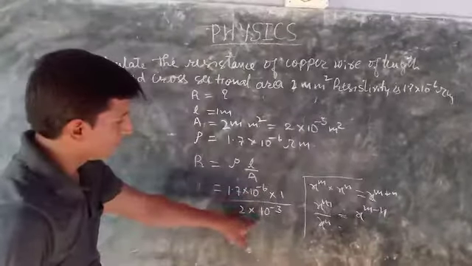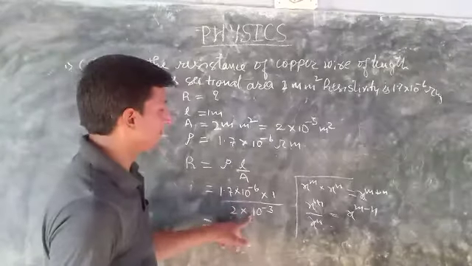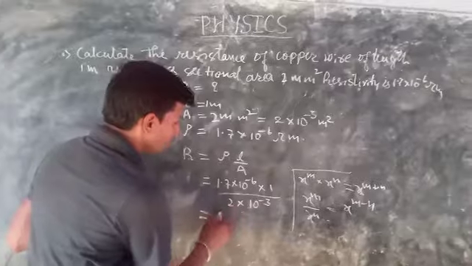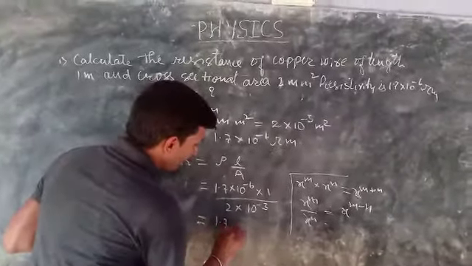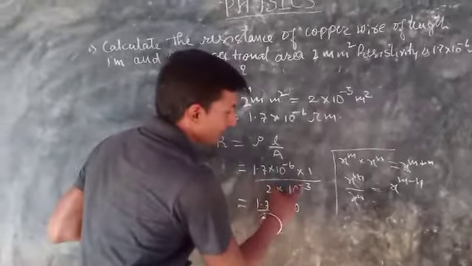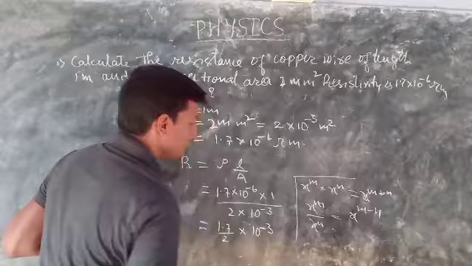So here the bases are same, so we will subtract the powers. So 1.7 by 2 into 10 to the power minus 6 minus minus 3, that is 10 to the power minus 3.